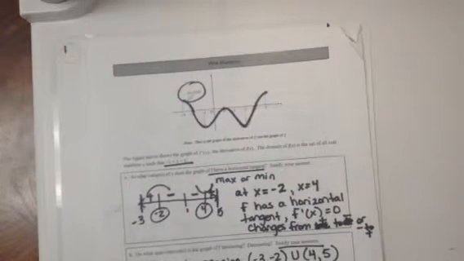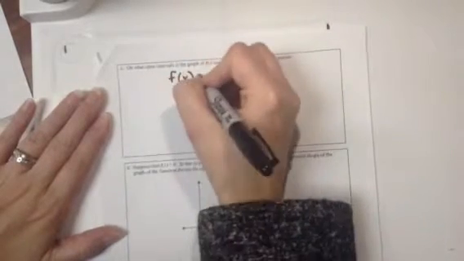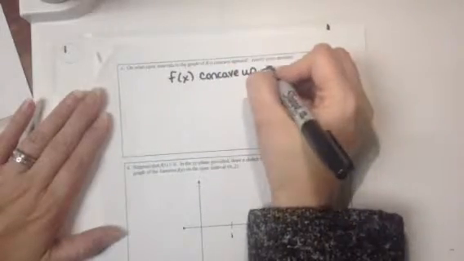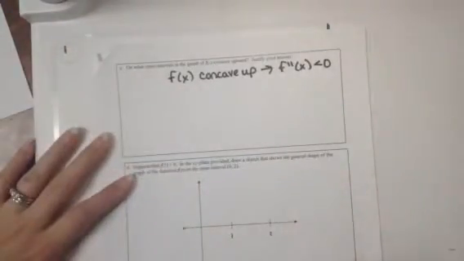C says, on what open interval is the graph concave upward? So let's look back at this graph we have. It's going to be concave upward where the first derivative is increasing, because that's where the second derivative is positive. So let me write this out for you. f of x is going to be concave up where the second derivative is negative. Now, we have the first derivative's graph.